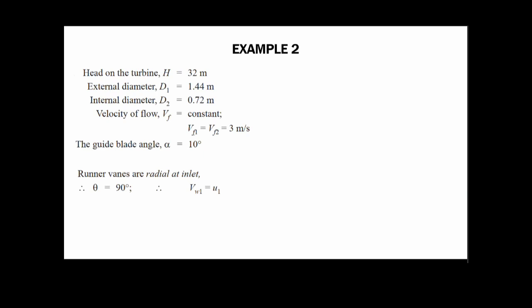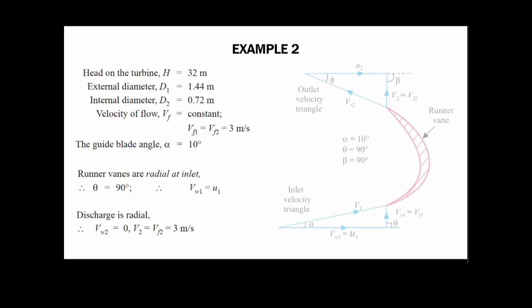And the guide blade angle alpha is equal to 10 degrees. And the runner vanes are radial at inlet, which means radial means theta is equal to 90 degrees. So 90 degrees means no horizontal component of the absolute velocity.